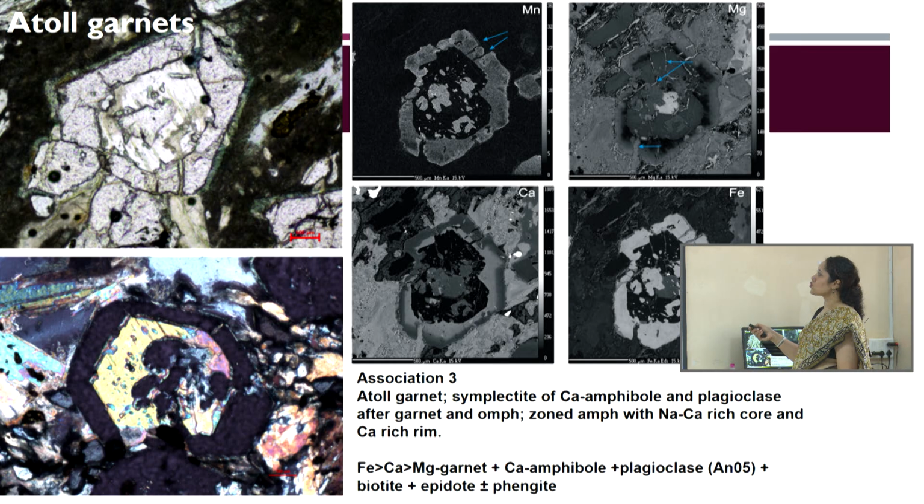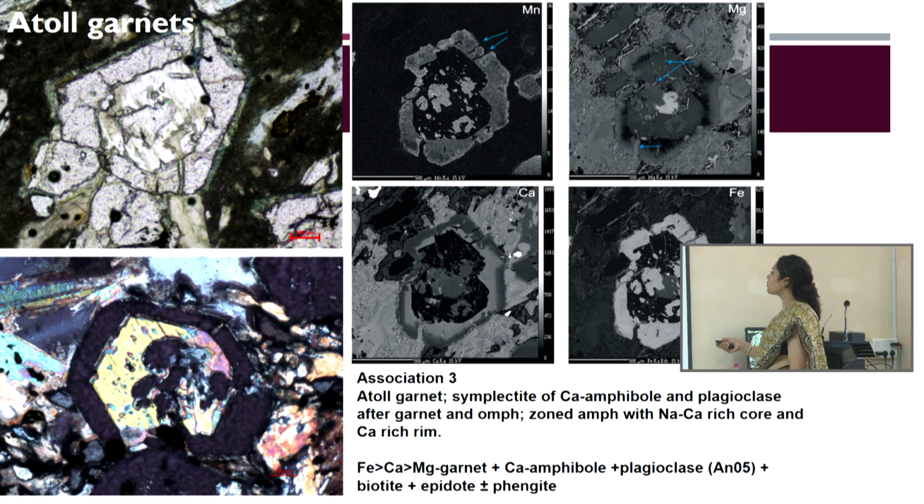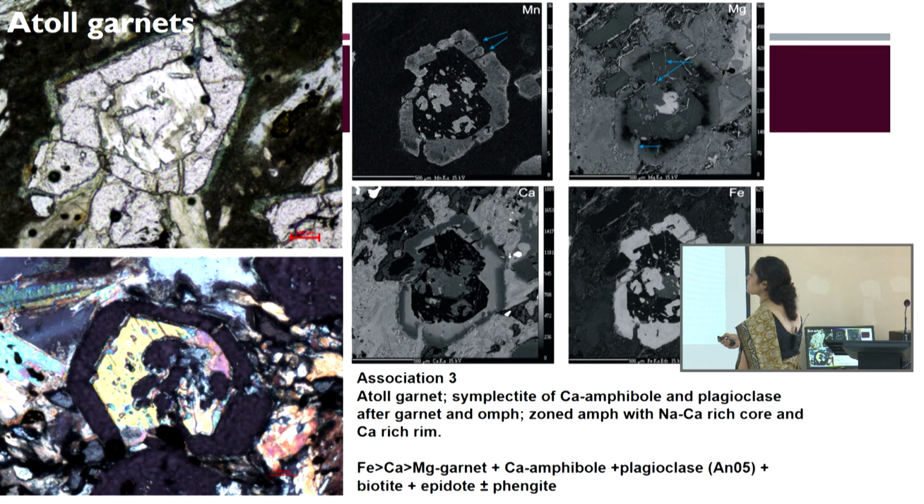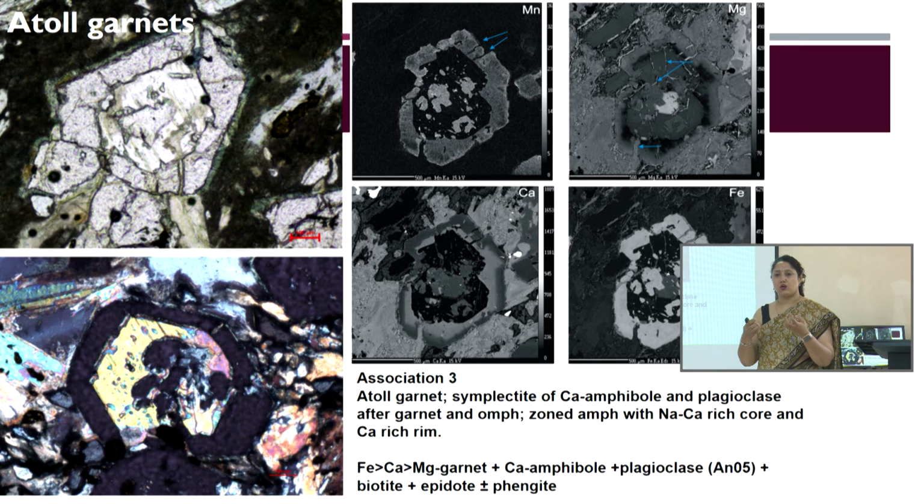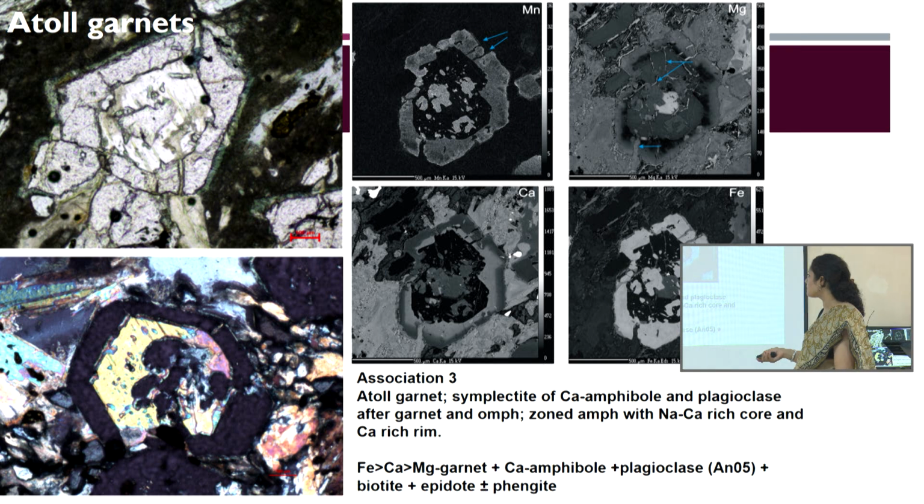So they are zoned, they have Mn rich rims, and you also have some part of the core which is calcium rich. So they are following compositionally the same signatures as the whole garnets, but there's something else that's happening here which was kind of difficult to understand at that point, but we've been able to figure that out now.